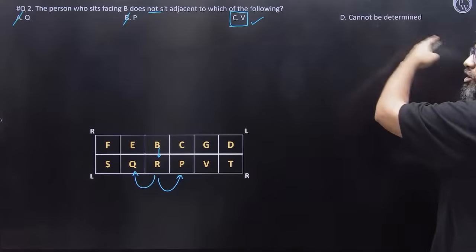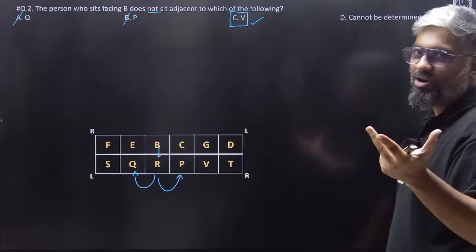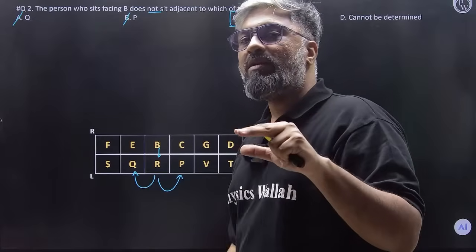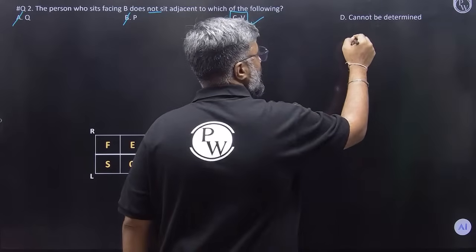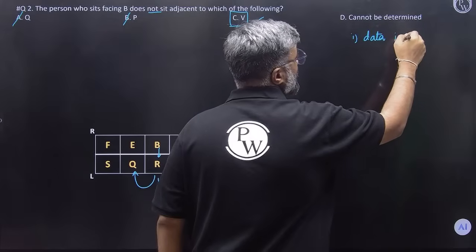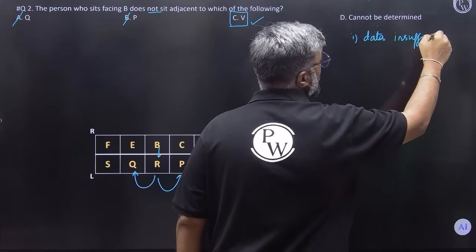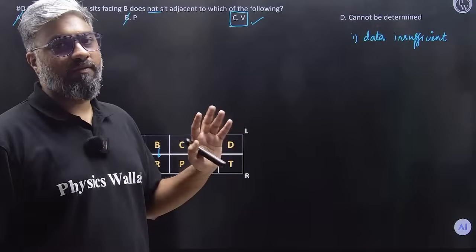But sir, it should be cannot be determined, no? I understand your confusion. But when will your answer be cannot be determined? One, if the data itself is insufficient. Is that the case? No, data is enough. Enough data is given.